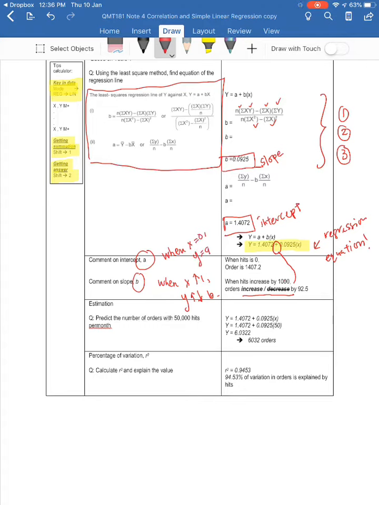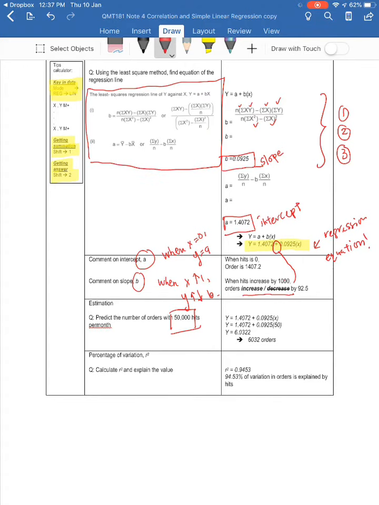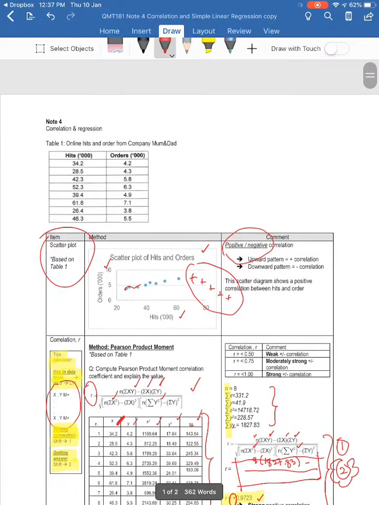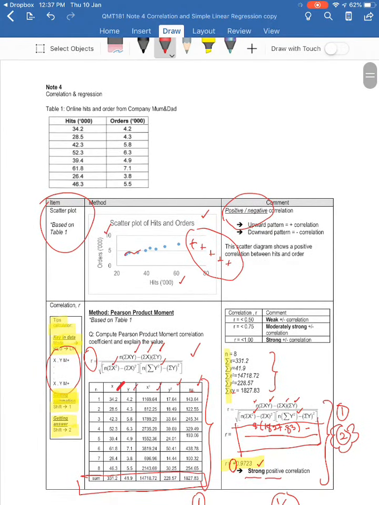Okay, estimation. Make sure you have to be very careful with the unit. Okay, this one, predict number of order with 50,000 hits per month. Actually, kita kena refer balik data yang diberi. Oleh kerana data ni semua adalah hits dalam ribu, tapi dalam jadual dia tak letakkan ribu dekat dalam setiap satu ni.